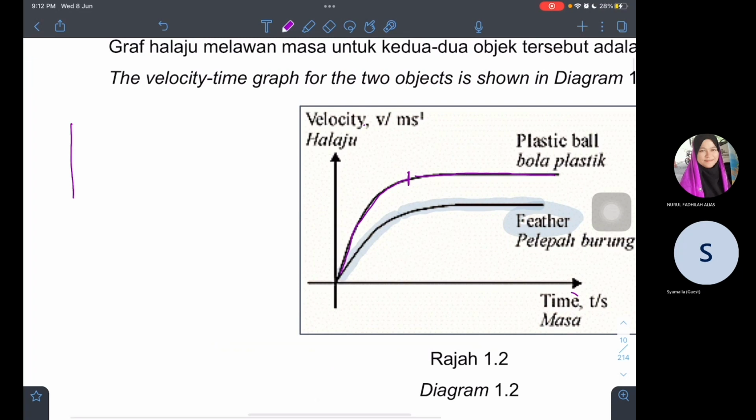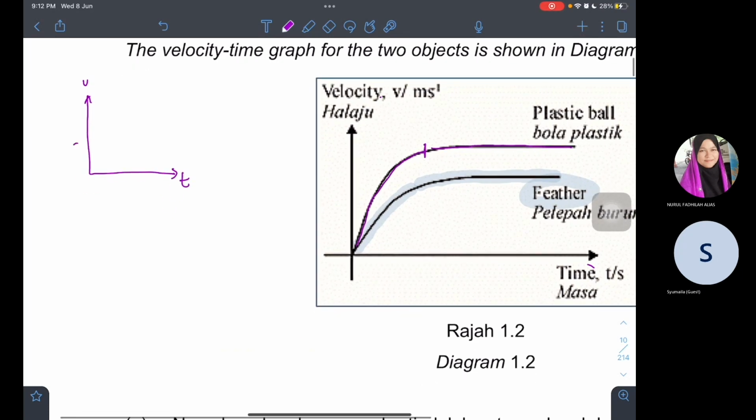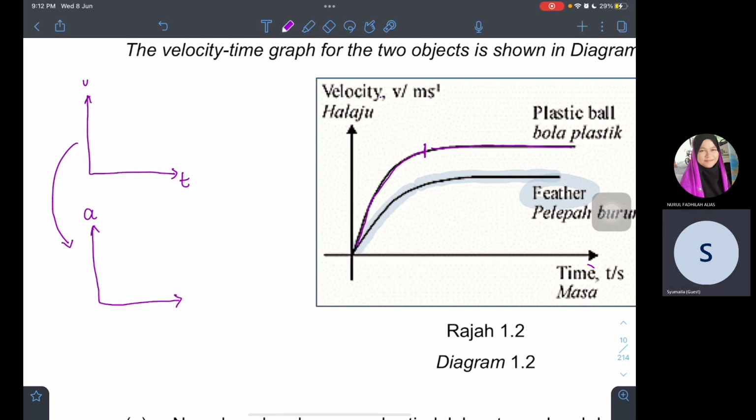Jadi, tadi kita dah belajar formula graph. If we have a graph of velocity against time, so this graph can give us apa? Acceleration against time. Jadi kalau dia straight macam ni, that means kita ada constant gradient.